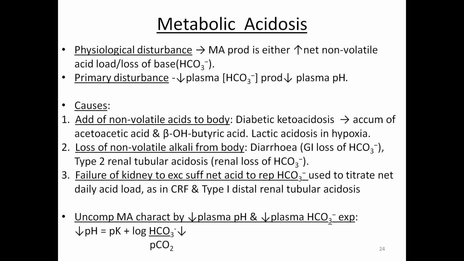And in a situation of type 1 distal renal tubular acidosis, the kidney fails to excrete titrable acid and NH4 again. Okay, and so if this metabolic acidosis is uncompensated, then it is characterized by decreased plasma pH and decreased plasma bicarbonate. And this is the equation representing uncompensated metabolic acidosis.